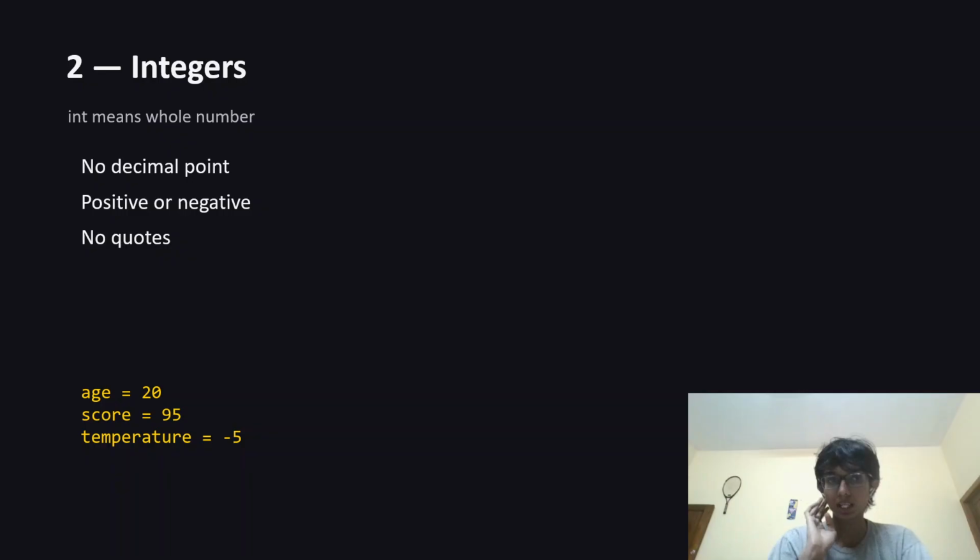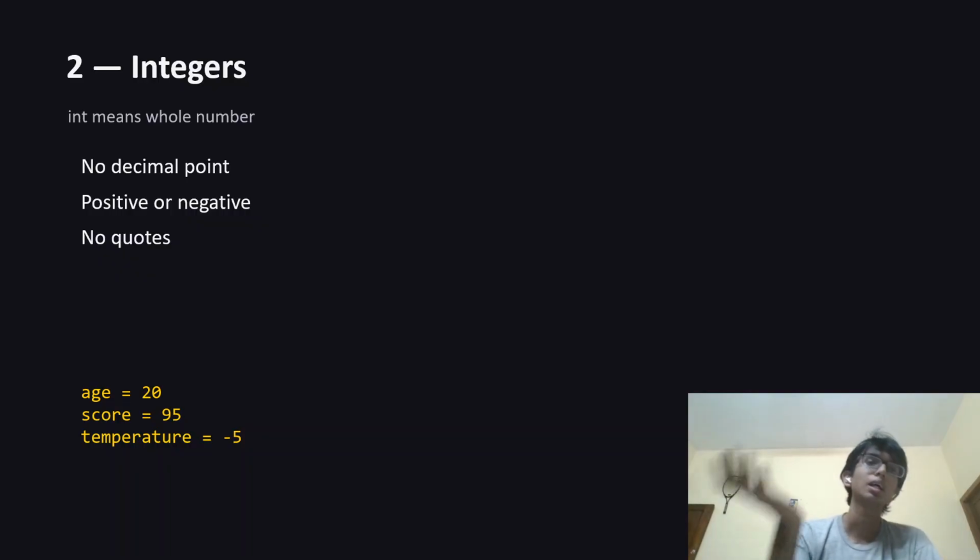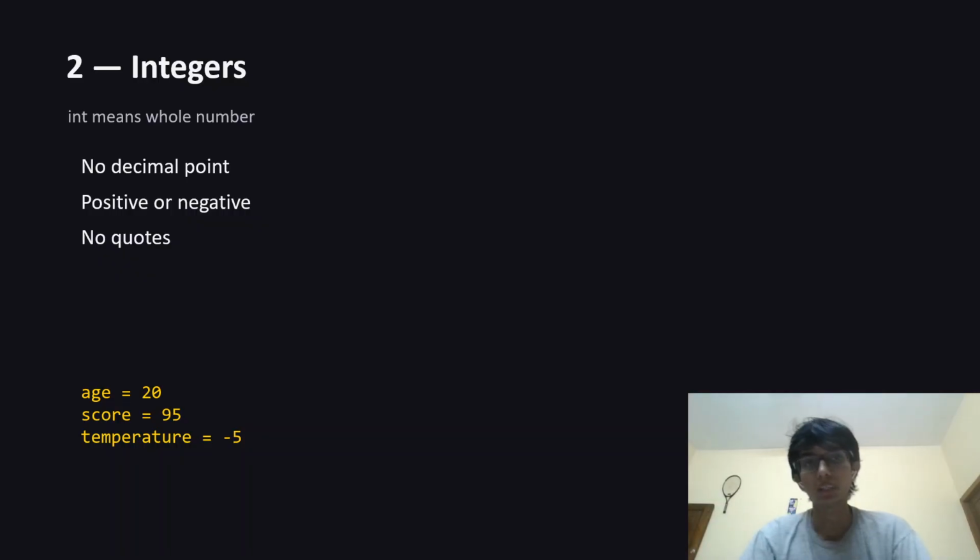Whole numbers are numbers that don't have any decimal points. Even if it is point zero, it's not considered a whole number. It is considered to be a different data type. We'll learn about it in the future. You already said it, it's float.